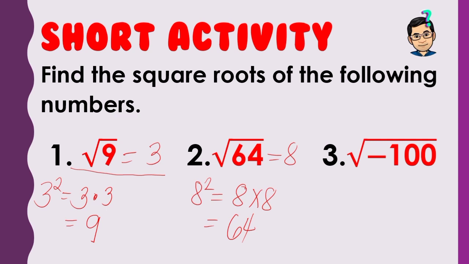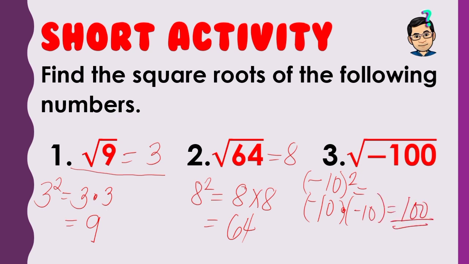So, hindi natin pwedeng sagot na the square root of negative 100 is negative 10. It's because kapag ang negative 10 ni-raise natin to the second power, the answer will become negative 10 times negative 10, and that is 100, because negative times negative is positive. Okay?